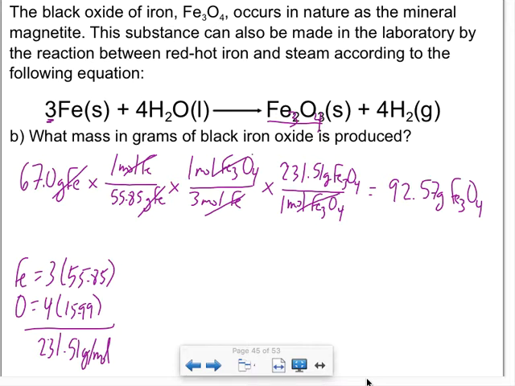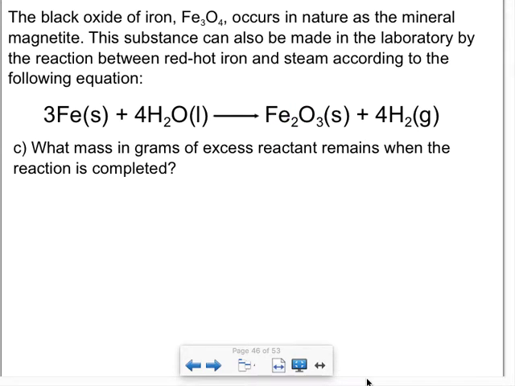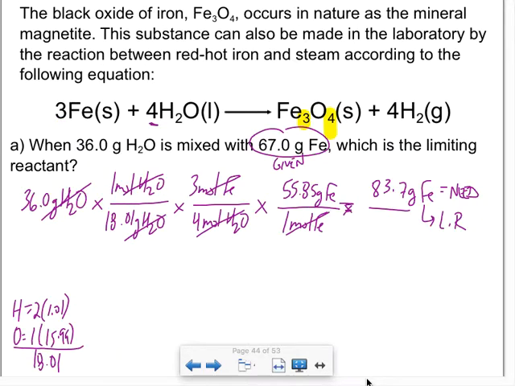Okay. What mass in grams of excess reactant remains when the reaction is complete? If I go back to this first problem, we figured out that iron was the limiting reactant.